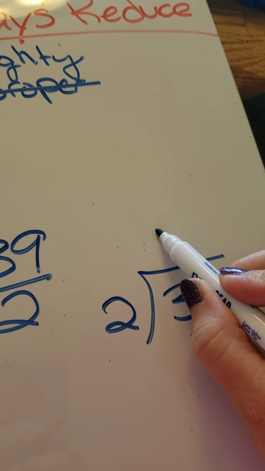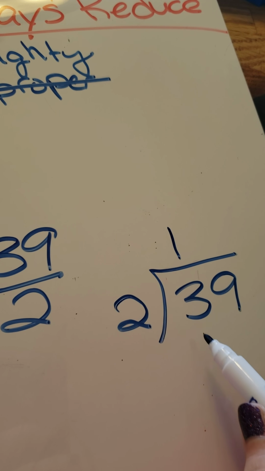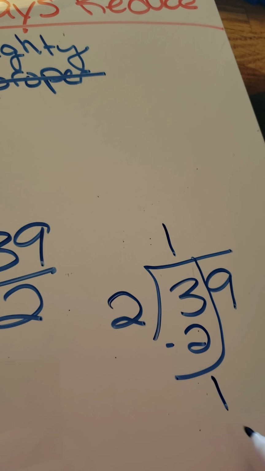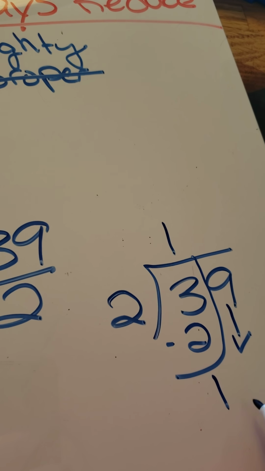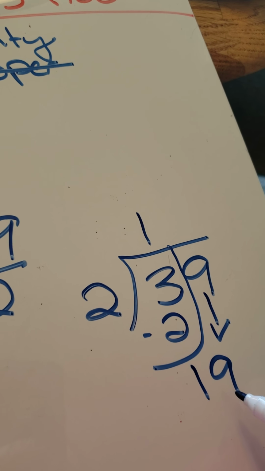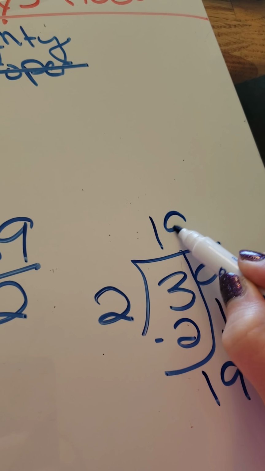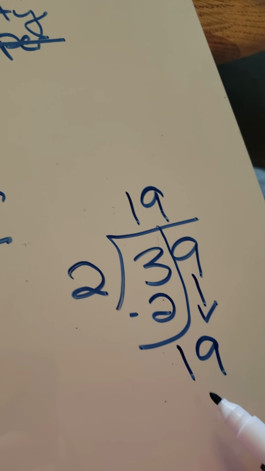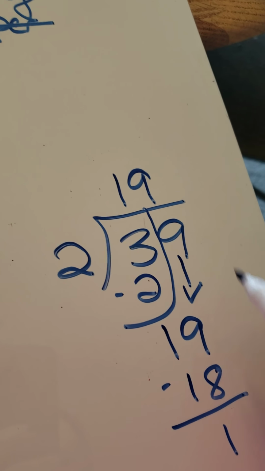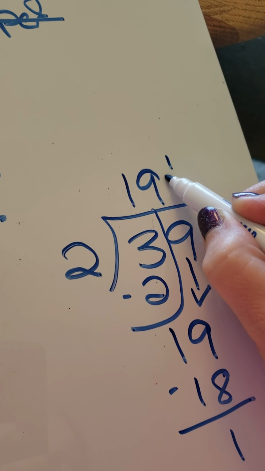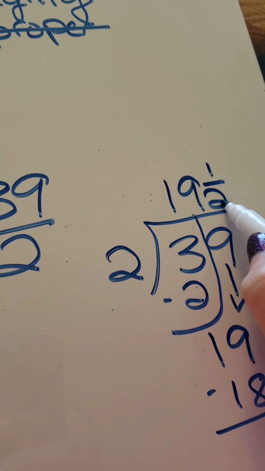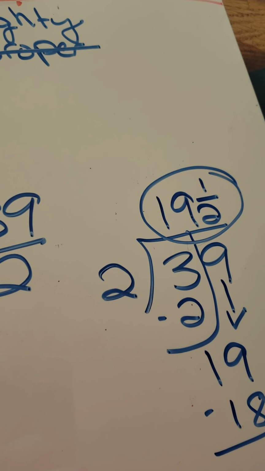How many times? 1 time. 1 times 2. Again, I'm only working with these ones. Subtract, I get 1. Bringing down my 9. Does 2 go into 19? Yes. 9 times 2, 18. Subtract, I get 1. That 1 is now my remainder, just up higher, the numerator. 2 is still my denominator. Perfect.